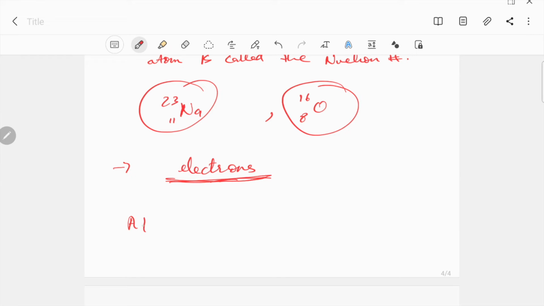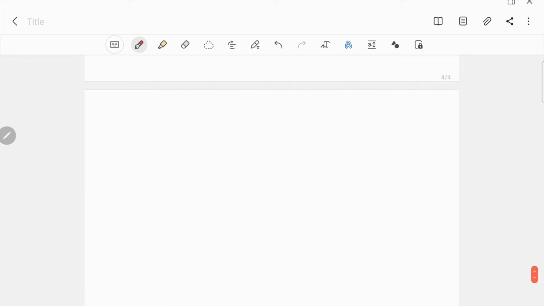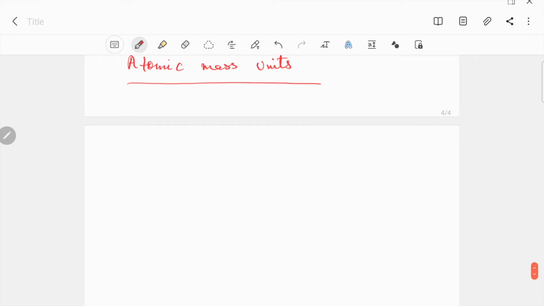So their mass is measured not in grams but in atomic mass units, just because they're very light, and we can't do that in grams. Now, ideally, एक एटम के अंदर उतने ही इलेक्ट्रॉन्स होते हैं जितने उसके पास प्रोटॉन्स होते हैं.